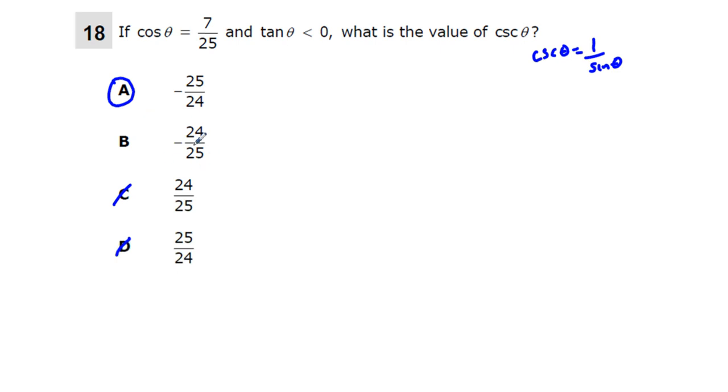B would be a possible answer for sine, but our cosine is going to be negative 25/24. Yeah, cosine is going to be adjacent, 7, over our hypotenuse, which is 25. So this thing right here is going to have to, when you work it out, be negative 24.